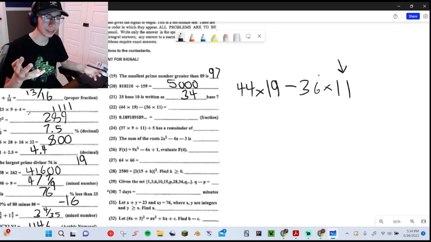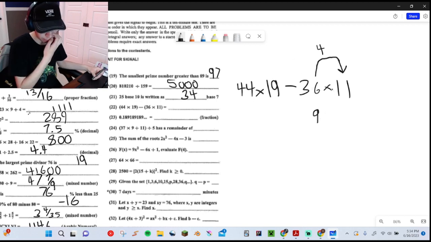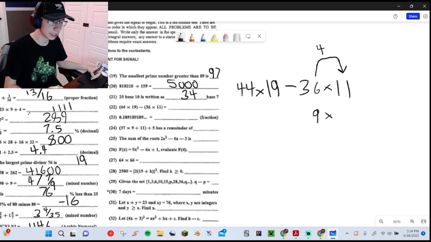How can I turn this 11 to a 44? Well, I can take a factor of 4 away from the 36 and give it to the 11. So it's like I'm dividing this 36 by 4, I turn it into 9, and I multiply 11 by 4 to get to 44.